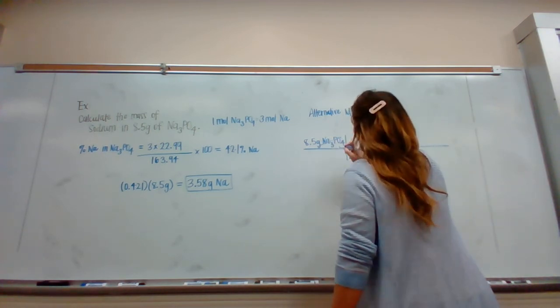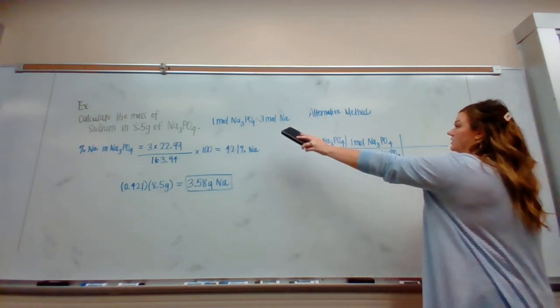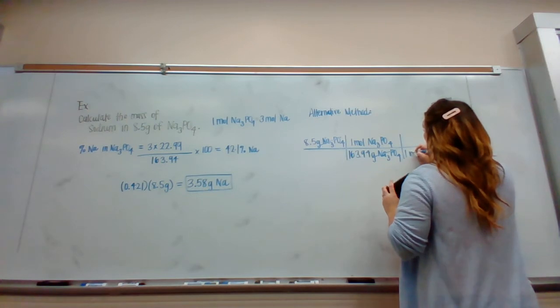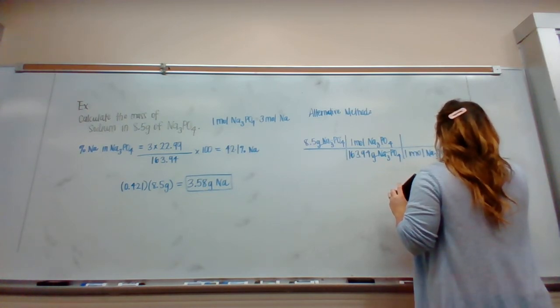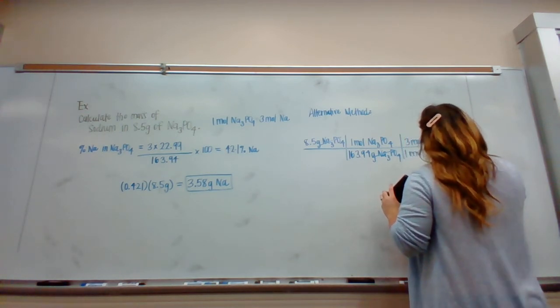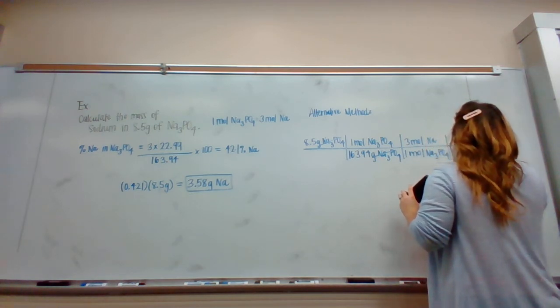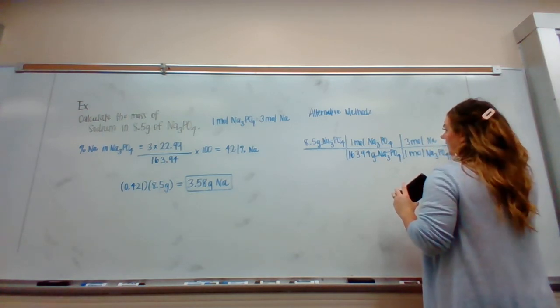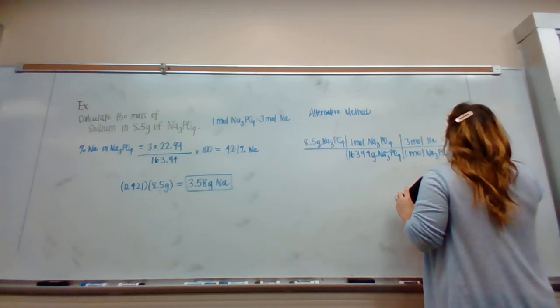Okay, so grams of sodium phosphate would cancel. Then I would use that 1 mole of sodium phosphate has 3 moles of sodium. And 1 mole of sodium weighs 22.99 grams.